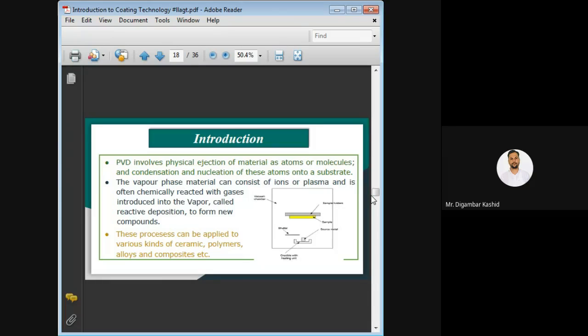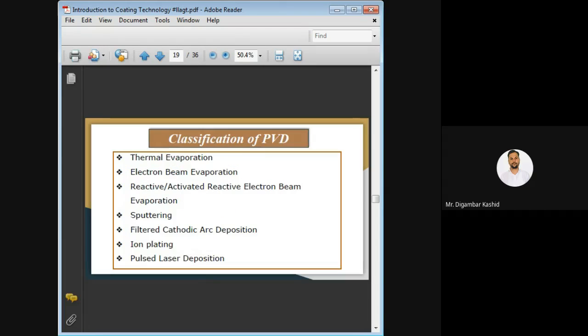Here I have written that the vapor phase metal can consist of ions or plasma and is often chemically reacted with the gases which are introduced into the vapor, so it is called reactive deposition.